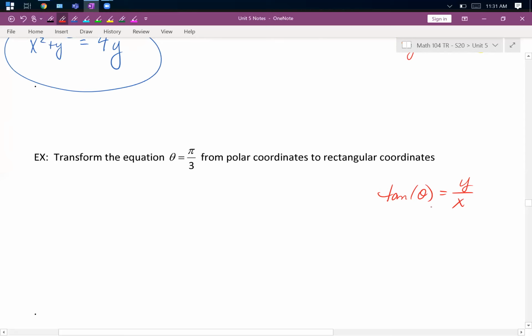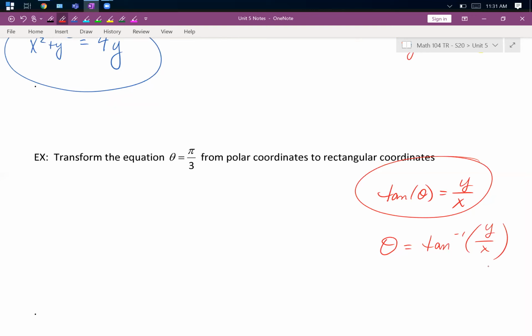Well, we can solve this equation for theta, can't we? Theta is equal to tan inverse of y over x. So I can substitute tan inverse of y over x in for theta, again, using this transitive property of equality. So we get that tangent of theta, tan inverse of y over x is equal to pi over 3.